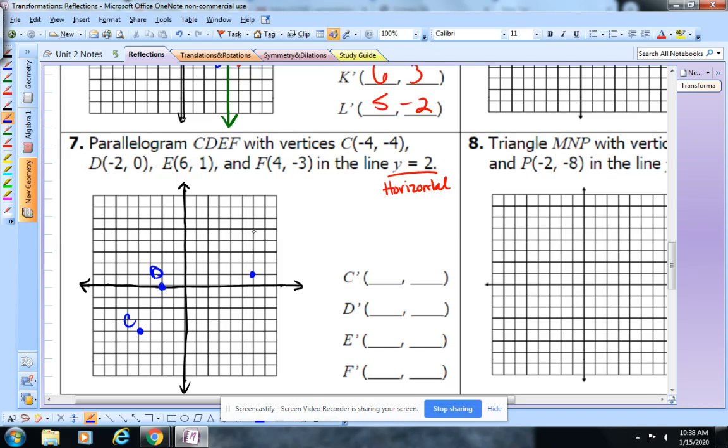Move that E down. And then F. Oh, that's ugly. So your parallelogram should look something like mine, except I didn't draw straight lines.